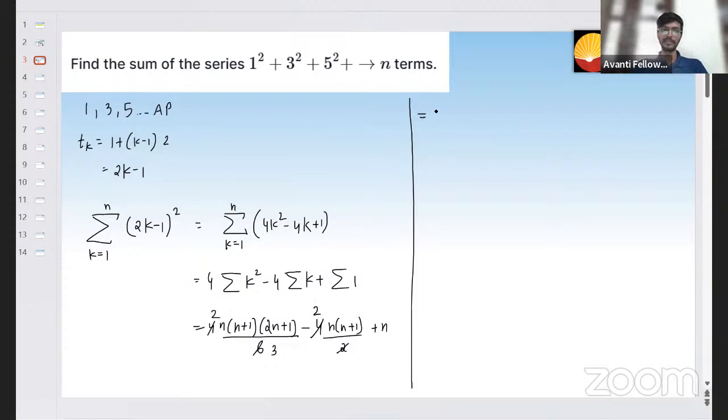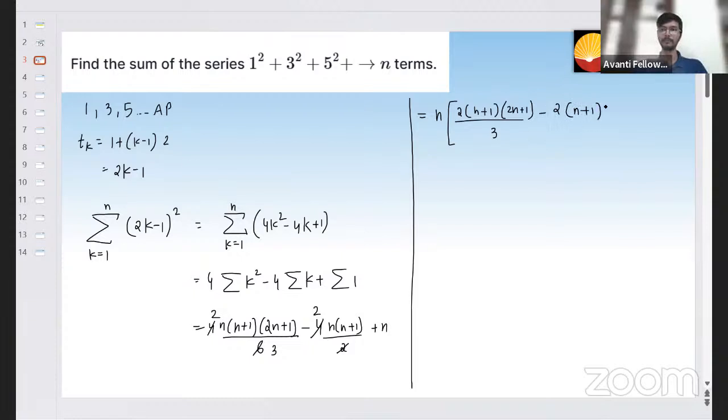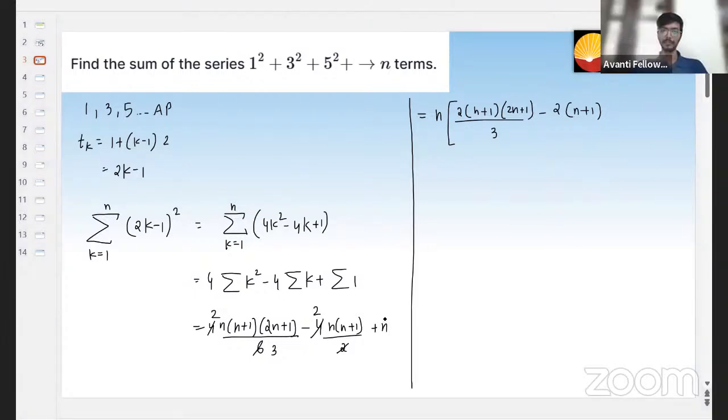Also I can take n common, so I'll be left with 2 into (n plus 1) into (2n plus 1) upon 3, minus 2 into (n plus 1), plus 1. Right, guys? I think it is correct, right?